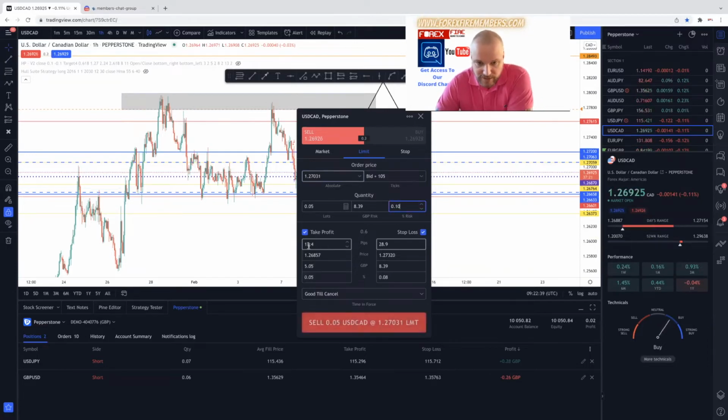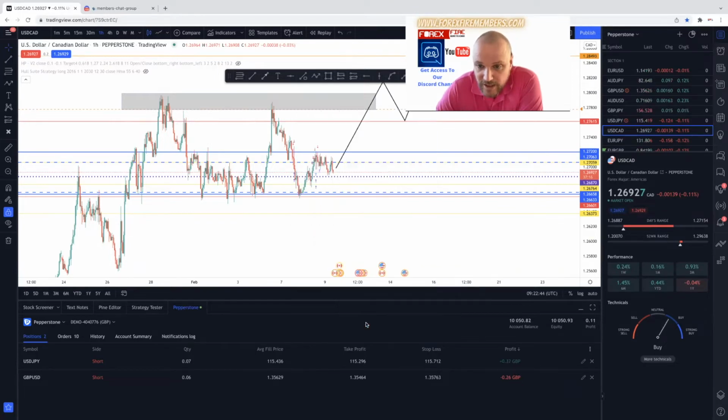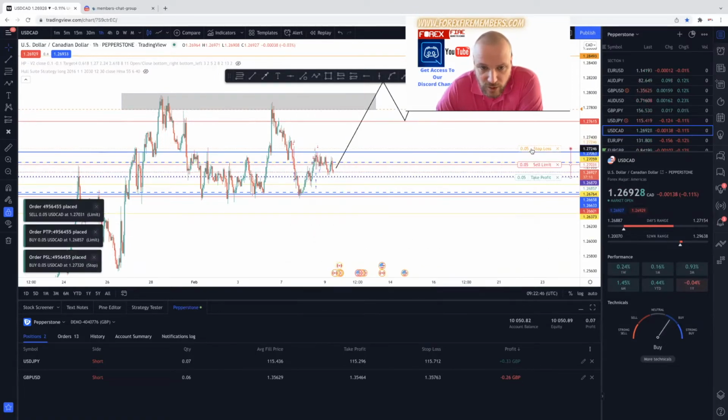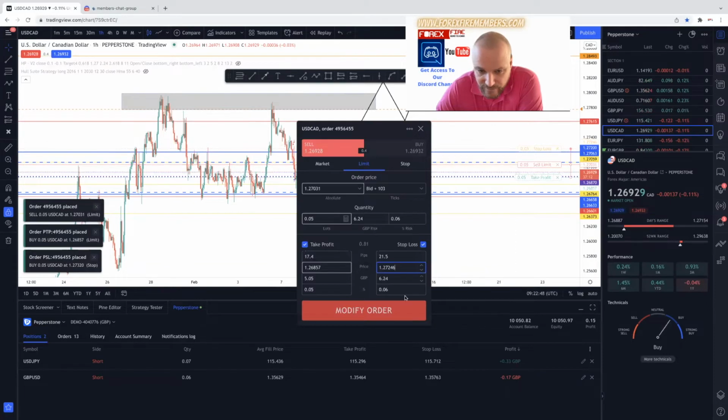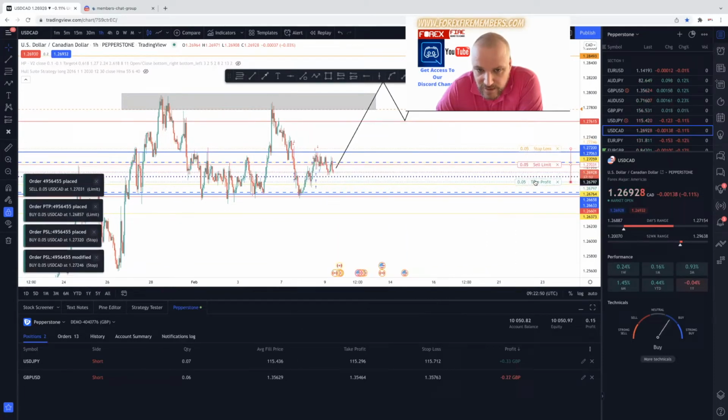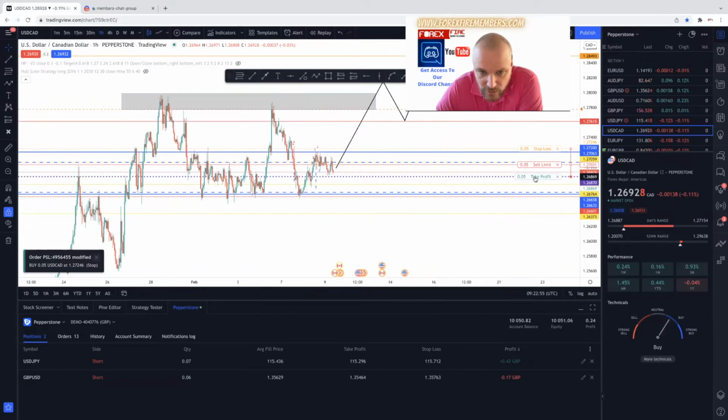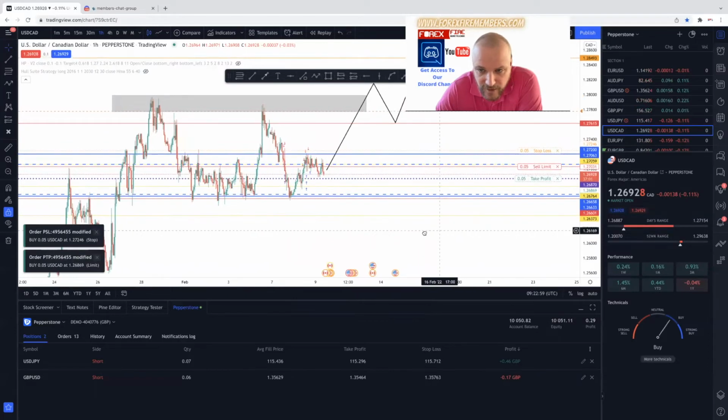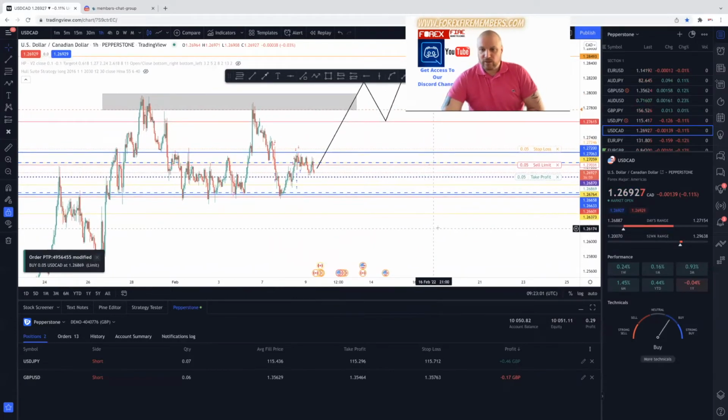I'm not bothered about the take profit and stop losses at the moment because I adjust them as well. So we're just going to highlight that in. We're going to have the stop loss just above here. Modify that. And we'll have this work towards the 50% of our daily. I think this is going to peter between the two, to be fair. So I've got a limit order there.